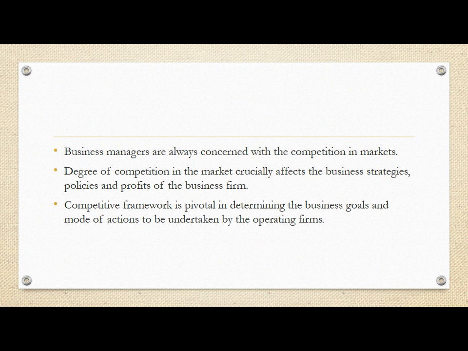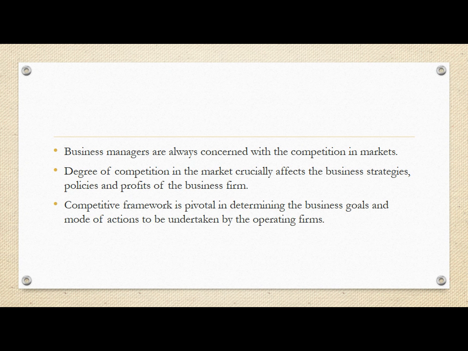According to Lipsey and Chrystal in 2004, in Economics, Oxford University Press, New York, the market tends to be more competitive when a firm has no power or less power to influence the market supply and price. Apparently, when the firm possesses a high degree of power to influence the market in the matter of supply and price, the market turns out to be less competitive.